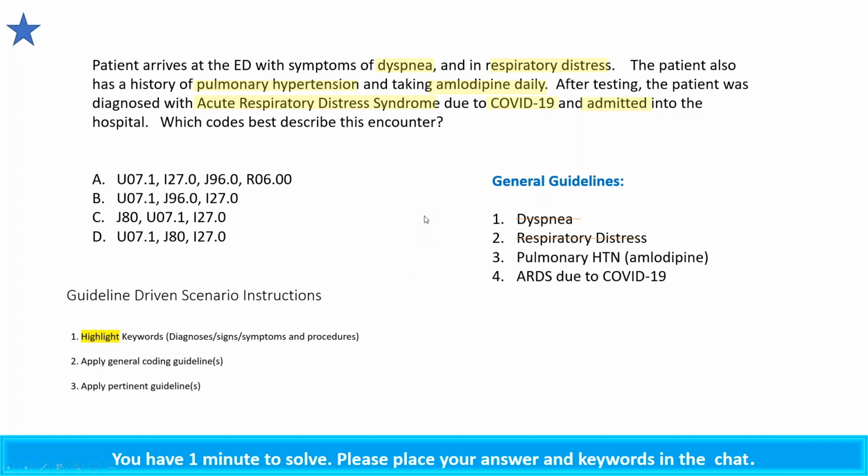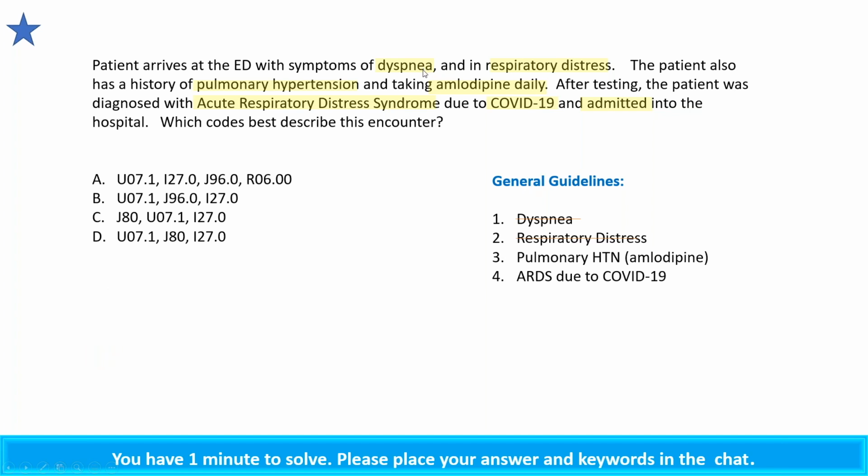Of the two, ARDS due to COVID-19 is principal because this is why the patient came to the ED: dyspnea, respiratory distress, and the patient was found after testing to have ARDS due to COVID-19.